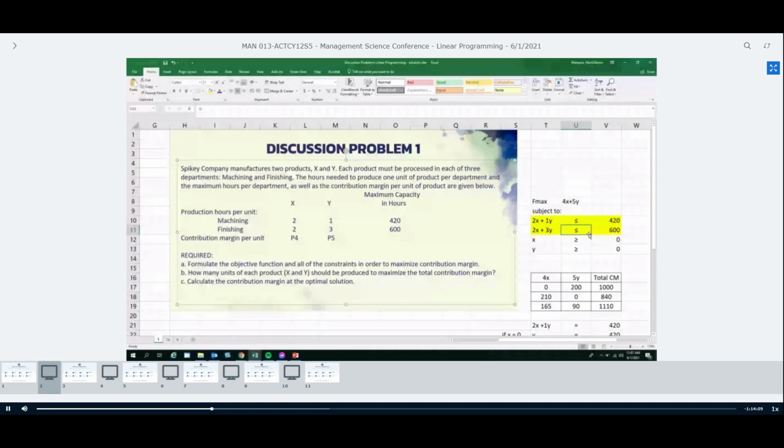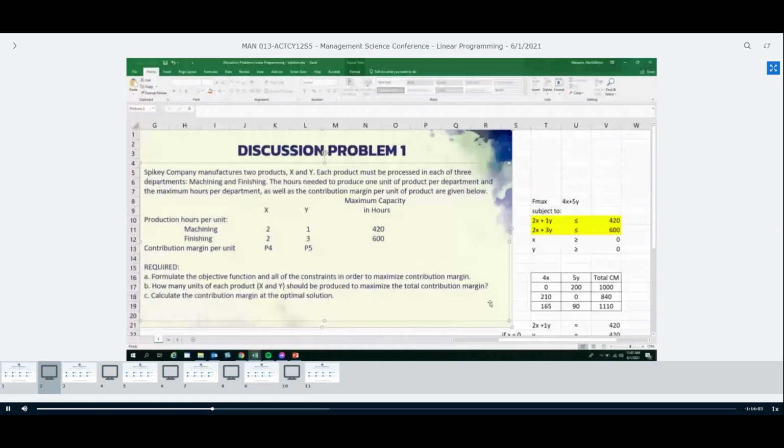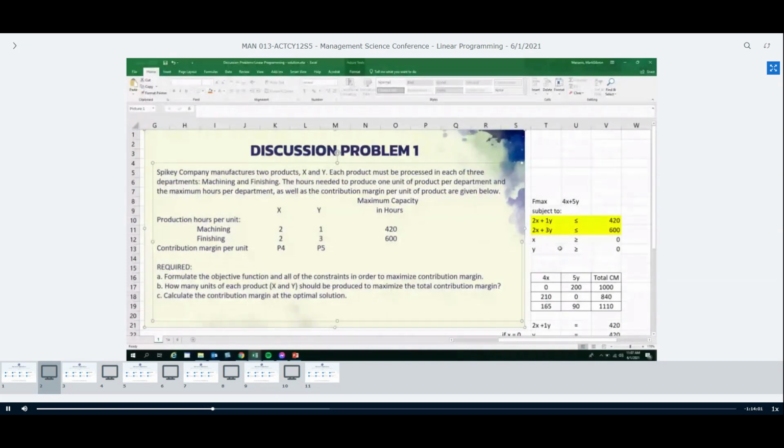So, ulitin natin ha. Ito lang muna kayo tumingin ha. Ito lang muna tayo sa mga naka-yellow na cells. In linear programming, the first step to do is to formulate objective function. No? So that's the initial step.